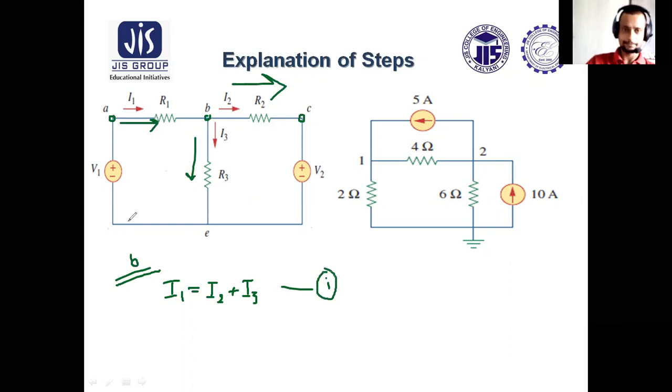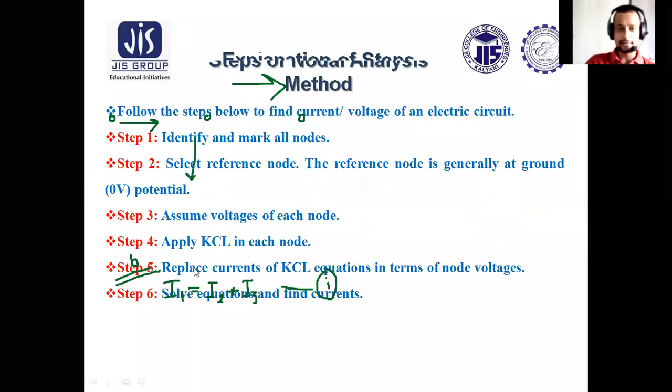As per this KCL equation, what can we say? We have three unknowns, but only one equation. We cannot get a solution for I1, I2, I3, all these three unknowns, from one equation. That is why we need to follow the next step.